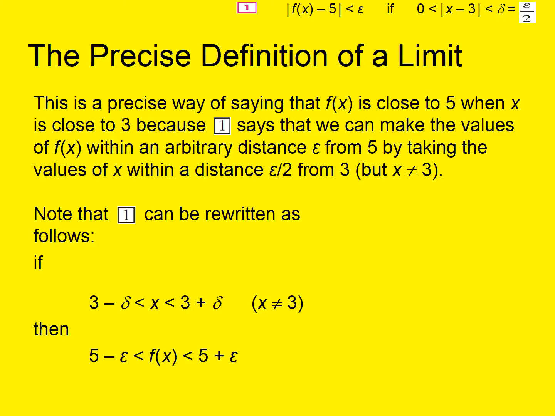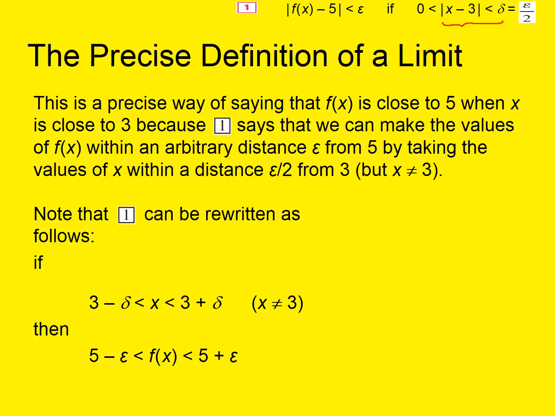Okay, so statement 1 can be written. We can take that absolute value inequality, and you might remember from algebra that we can always write it as a compound inequality: x between 3 minus delta and 3 plus delta.